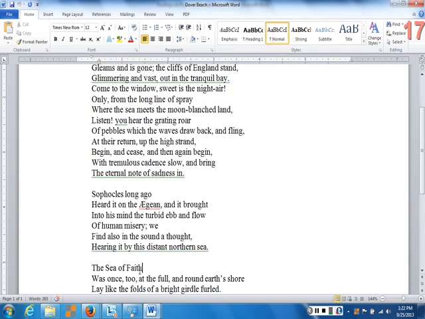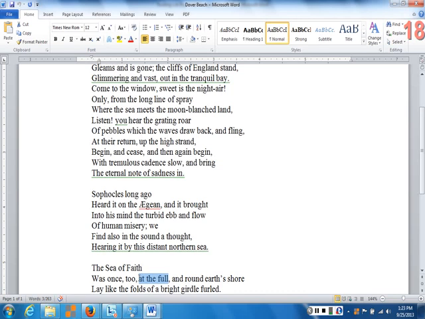Now, what does he mean? Was at the full. He's talking about the ocean here. This is part of the metaphor, right? Remember, the sea is a metaphor for faith. All right? So the sea was at the full.